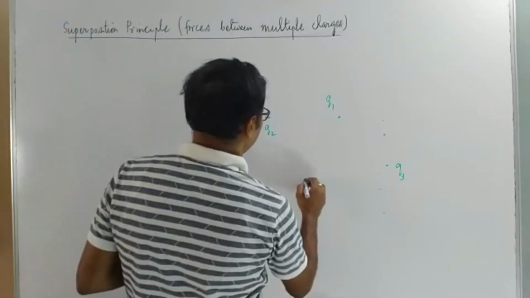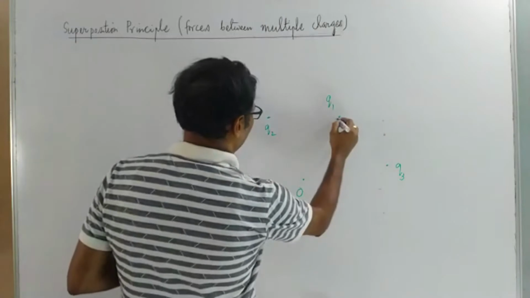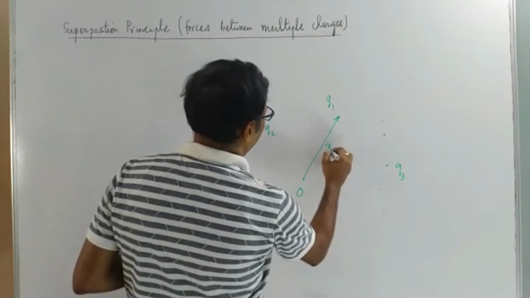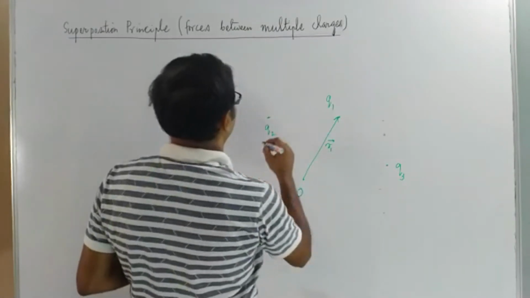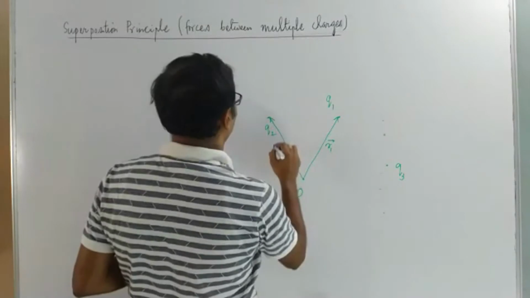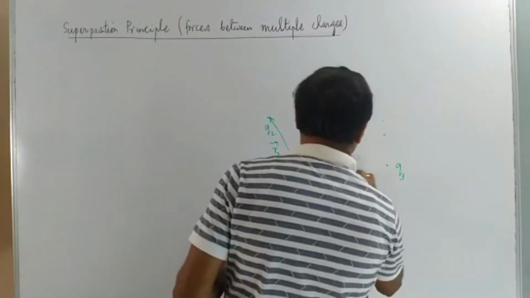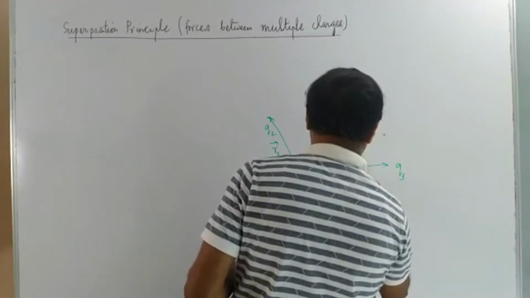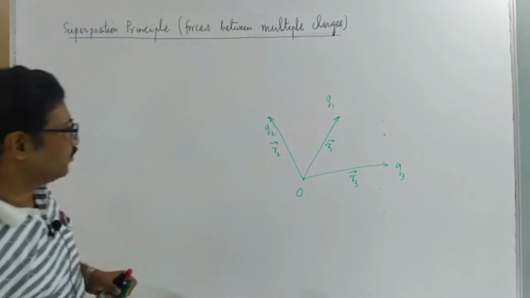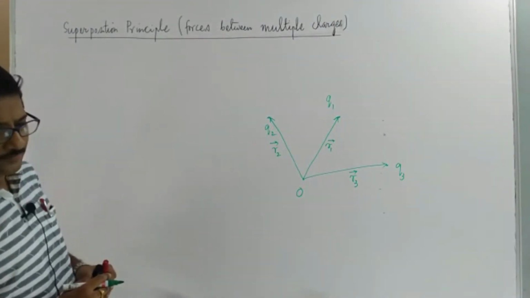The position vectors of Q1, Q2 and Q3 are given as R1, R2 and R3 respectively.